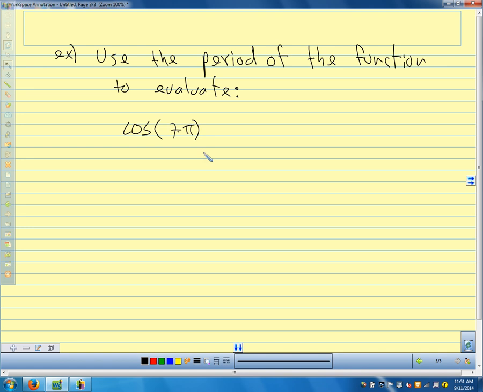Cosine of 7 pi. So what this is asking us to do is turn 7 pi, break that into 2 pieces, where one of those pieces is a multiple of 2 pi. We're doing something pi plus or minus another pi, where one of these is a multiple of 2 pi.